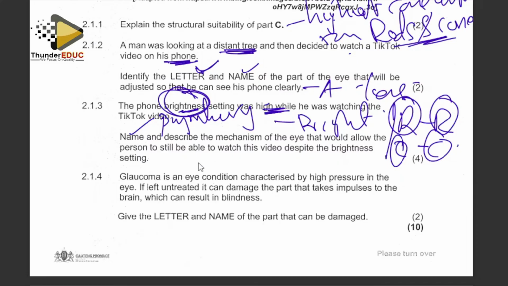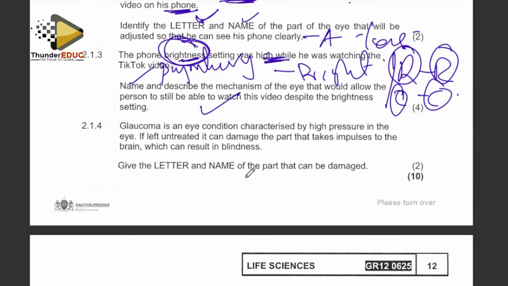We continue. Glaucoma is an eye condition characterized by high pressure in the eye. If left untreated, it can damage the part that carries impulses to the brain, which can result in blindness. They're asking for the letter and the name of the part that can be damaged.